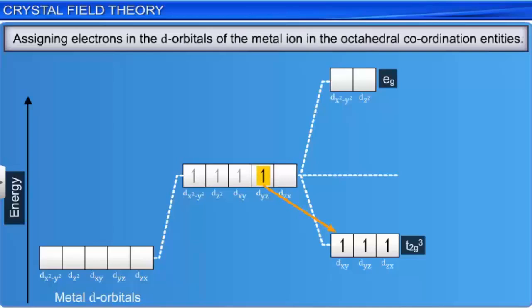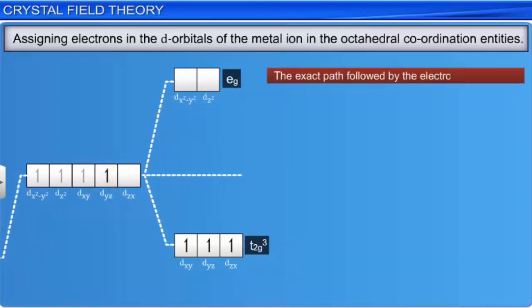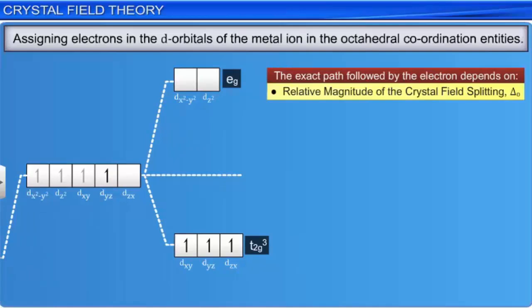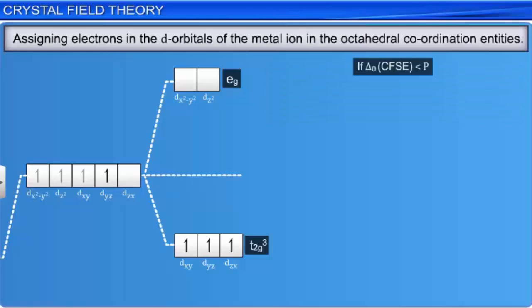The exact path followed by the electron depends on the relative magnitude of the crystal field splitting, delta O, and the energy required for the electron pairing in a single orbital, that is, pairing energy P. If the crystal field splitting energy is less than the pairing energy, then the fourth electron enters one of the higher energy Eg orbitals, giving the configuration t2g3 eg1.